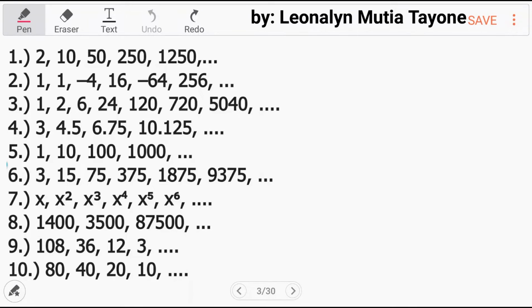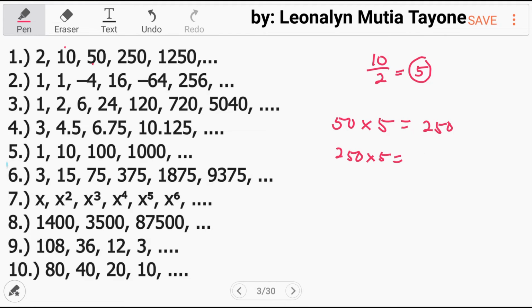Number 1, common ratio. 10 divided by 2 and that is 5. Gamitin nga natin itong 5 para i-multiply natin sa 10. 10 times 5 and that is 50. Tama. So, 50 times 5 equals 250. Tama. 250 times 5 and that is 1,250.